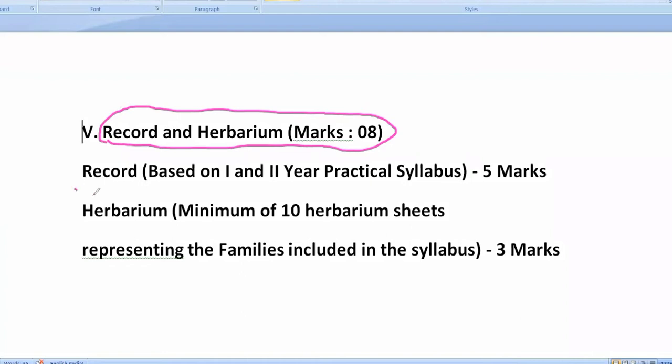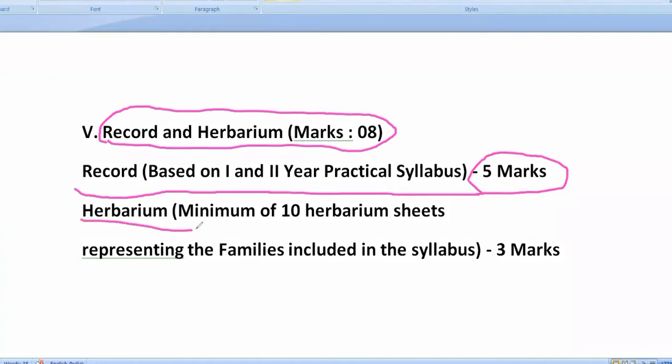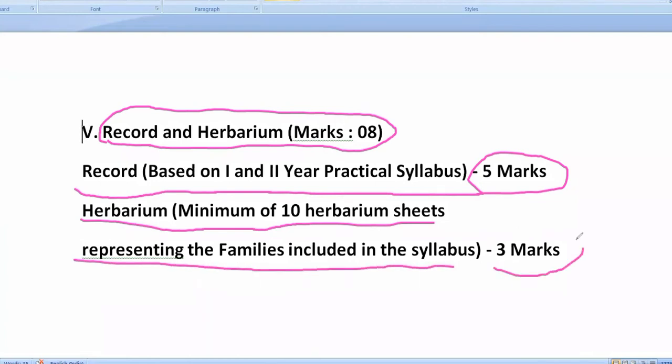So record based for first and second year practicals is 5 marks, and herbarium, a minimum of 10 herbarium sheets representing the families included in the syllabus, is 3 marks. So this academic year, that is 2021-22, for the herbarium you have 3 marks.